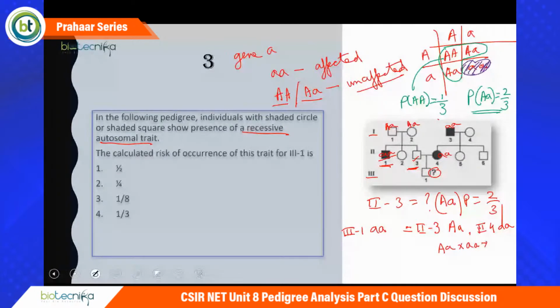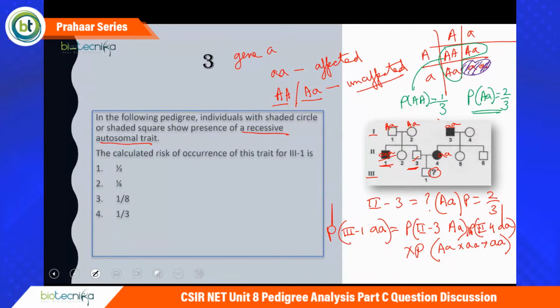Now, if we calculate the probability of 3/1 to be homozygous recessive, it will be equal to the probability that 2/3 is heterozygote, multiplied with the probability that 2/4 is homozygous recessive, multiplied with the probability that crossing of a heterozygote and homozygous recessive will produce homozygous recessive.